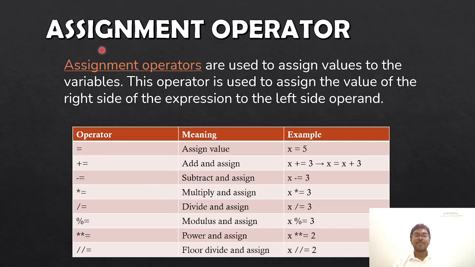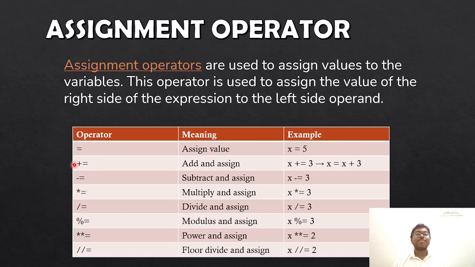Now we have assignment operators. Assignment operators are used to assign values to variables. These are the operators that assign the value on the right of the expression to the variable on the left side. For example, equal means x equal to 5.